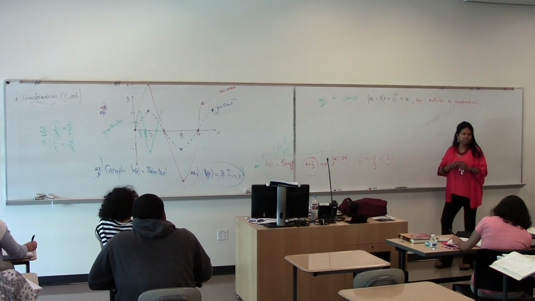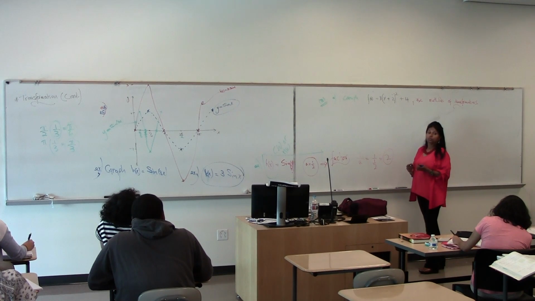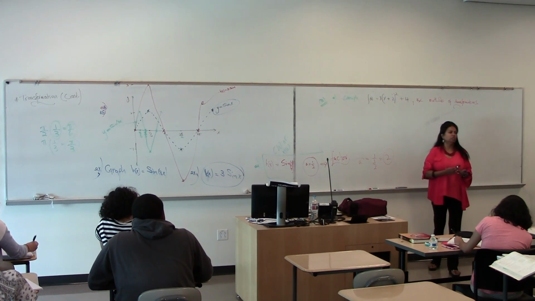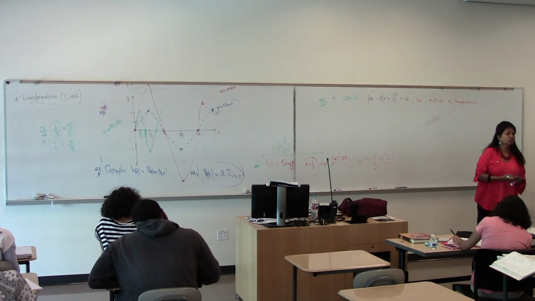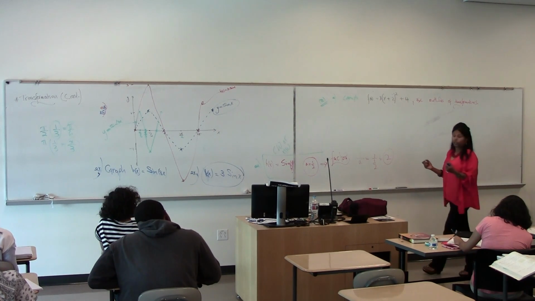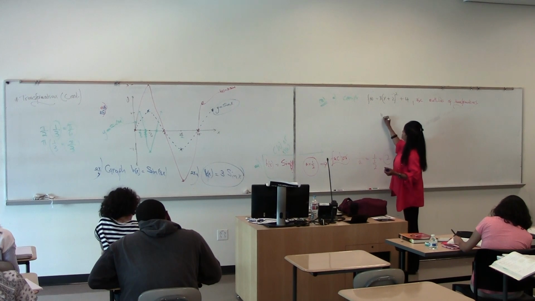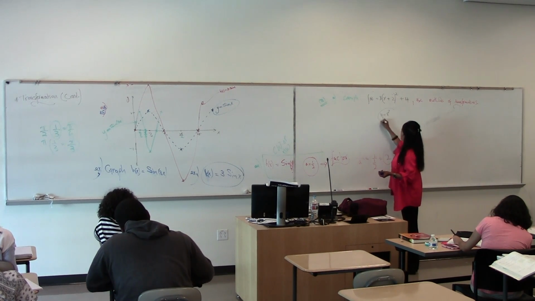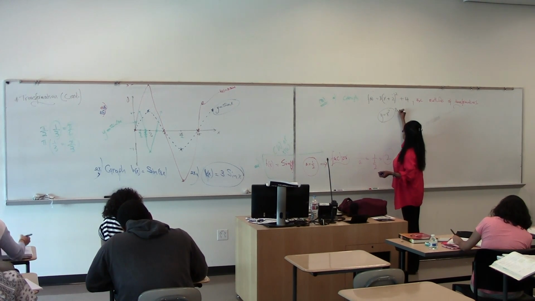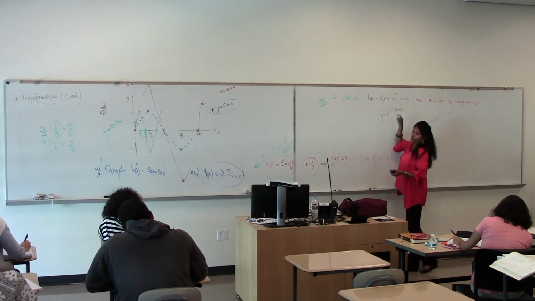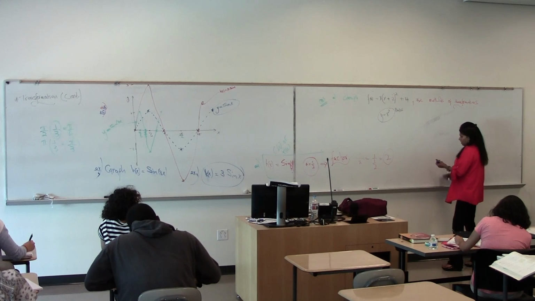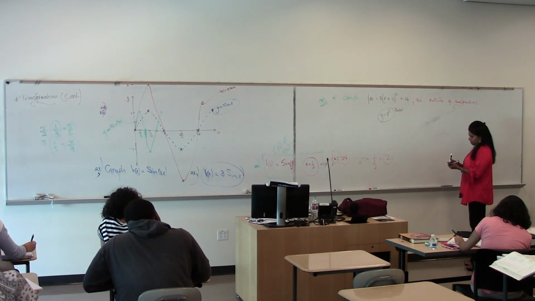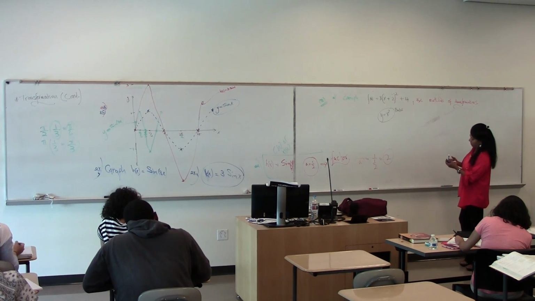So follow the direction. Which is your parent function? y is equal to x squared. So y is equal to x squared is the parent, basic one. This is what we are going to take. Okay, so we are very good with this, guys. So we are going to graph this.